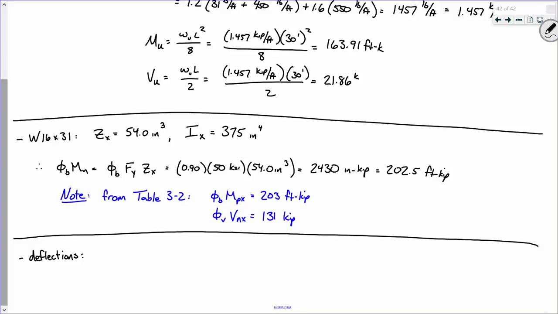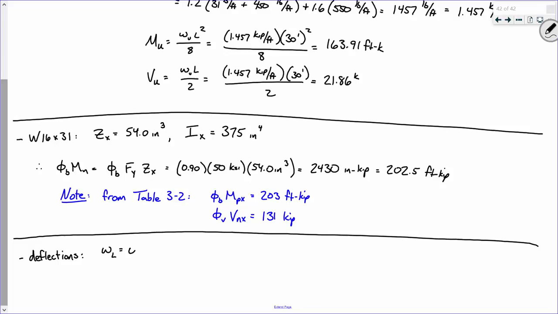All right. Deflections. Let's start off with our deflection calc. Now, we are evaluating this beam for what type of deflections? Dead load deflections, live load deflection. And what did you say? Service live load deflections. In other words, no load factors, okay? No load factors. So our load, let's get everything into consistent units, okay?